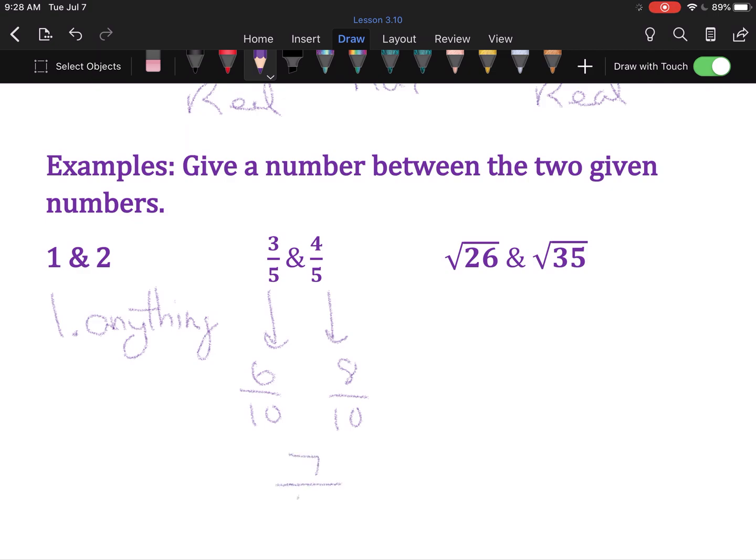Of course you can. It's 7/10. So whole numbers, easy. Fractions, if you can't put a numerator in between what they gave you, double everything and you'll be able to. And square roots, literally, you could give me anything from root 27 to root 34. Just give me root and then a number between 26 and 35.